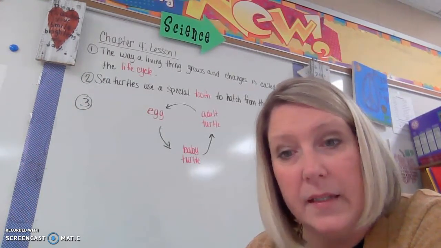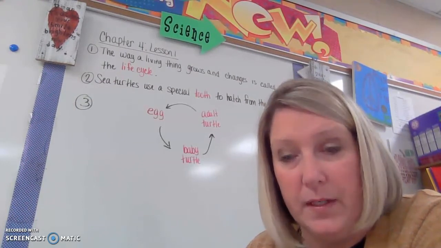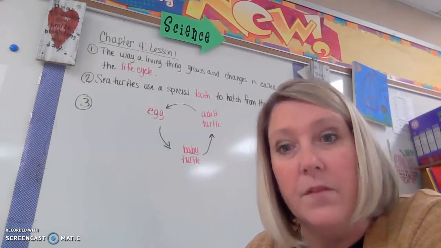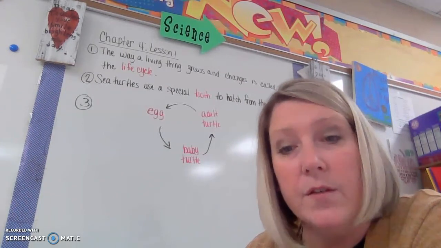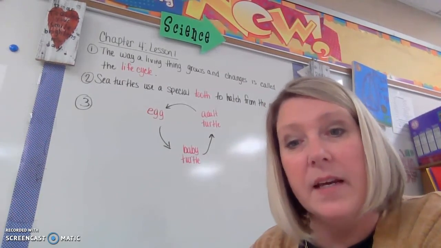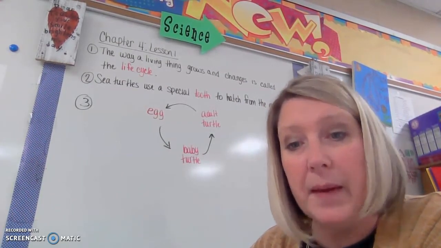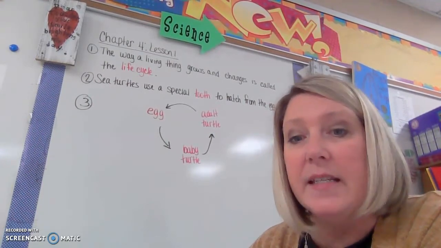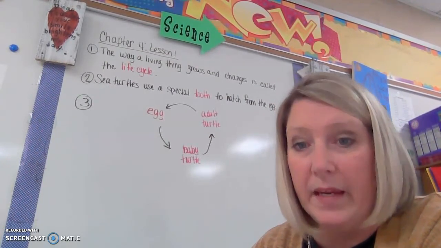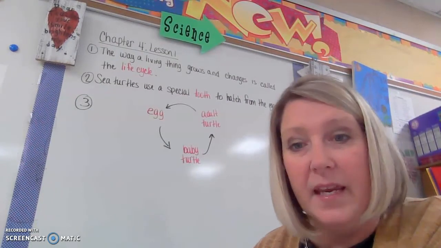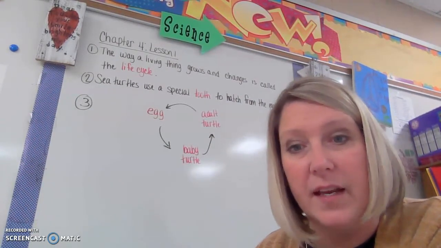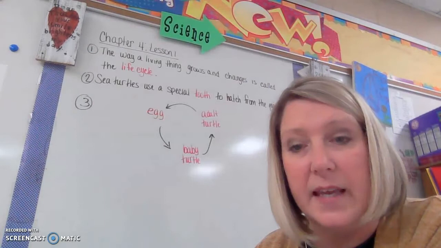It's a young insect. How is the nymph different? If you said it has no wings, you're correct. A nymph is a young insect that looks like its parents, but it does not have wings yet. Okay? They keep shedding their skin, shedding that outer covering as they grow.